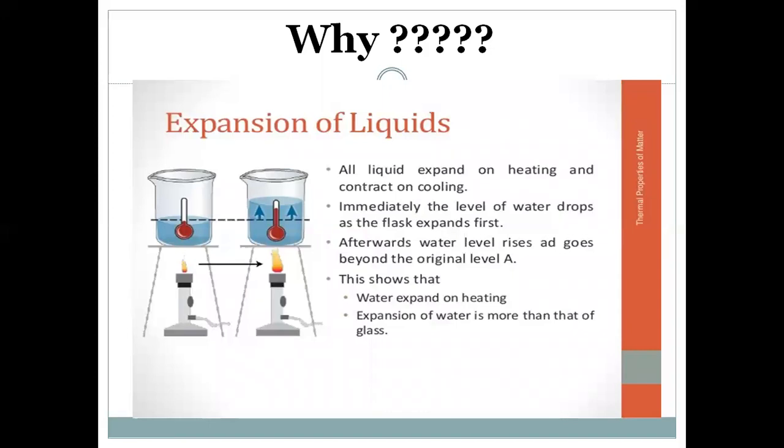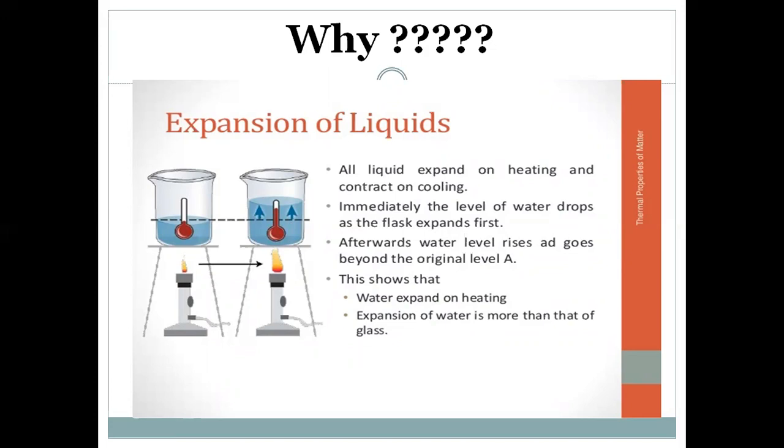Now, expansion of liquids. All liquids expand, as we explained before, on heating and contract on cooling. Immediately, the level of the water drops as the flask expands first. So because the flask or the container expands first, the level of the water drops at the beginning.